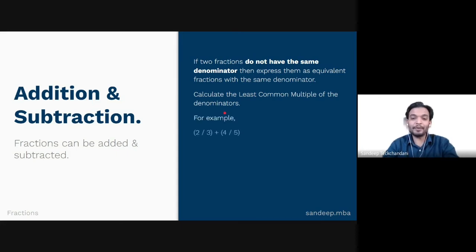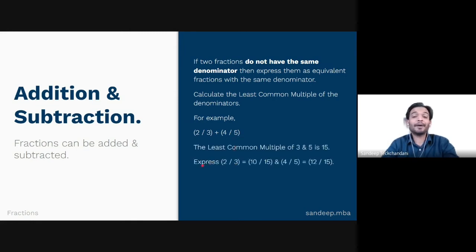For example, 2 upon 3 plus 4 upon 5. We can see that the denominator of the first fraction is 3 and that of the second fraction is 5. Therefore, they are unequal. So, I'm going to take the least common multiple of 3 and 5, which we know is 15.